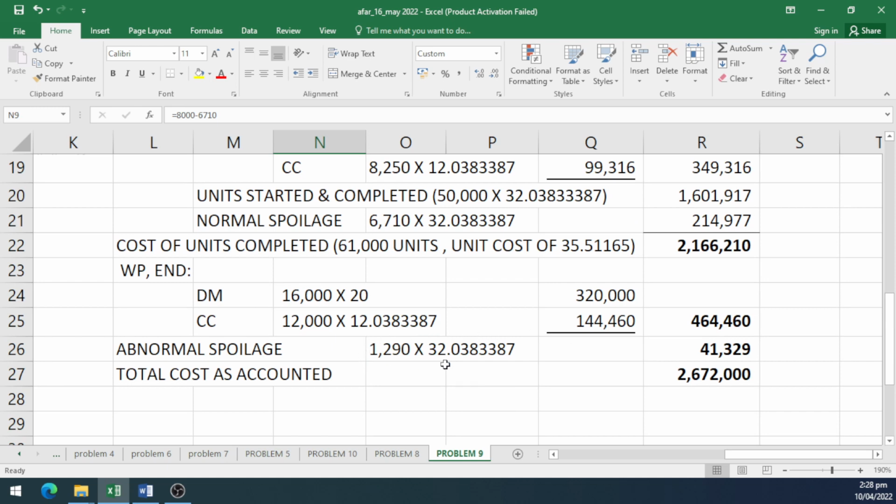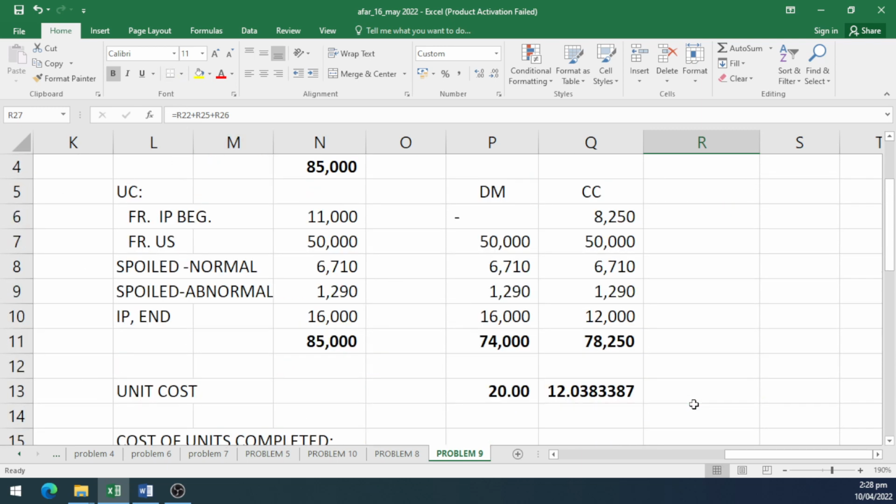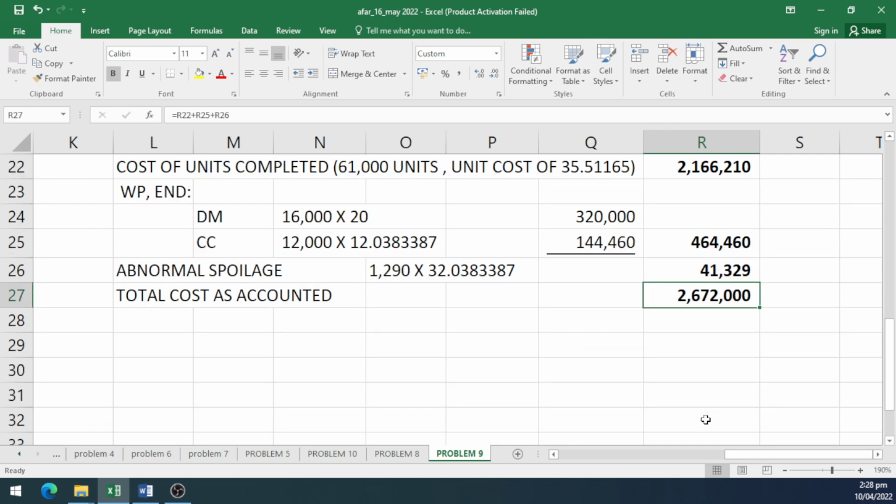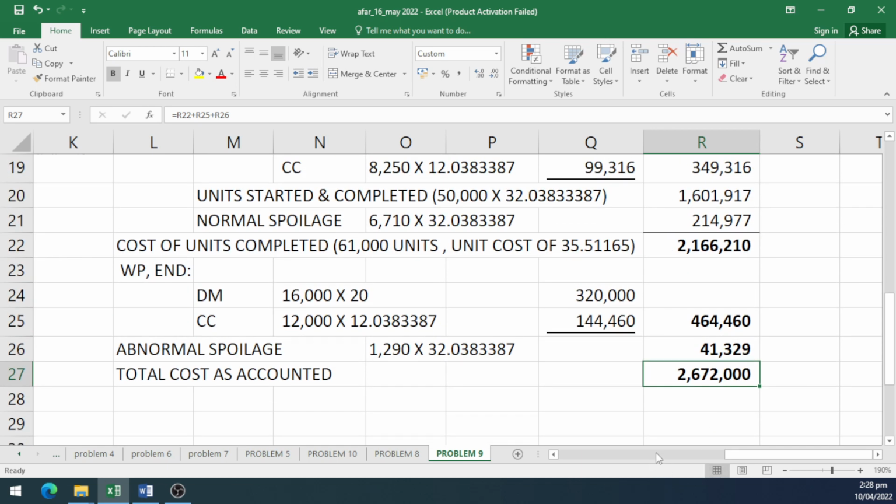So 1,290 times 32.03833387 is 41,329. And the total cost upon reconciliation is 2,672,000. That is the total cost to be accounted for.